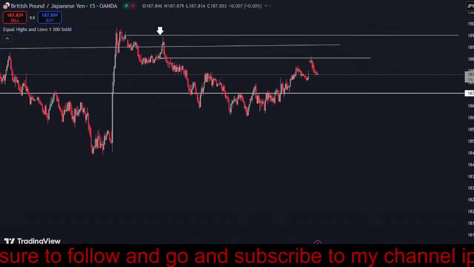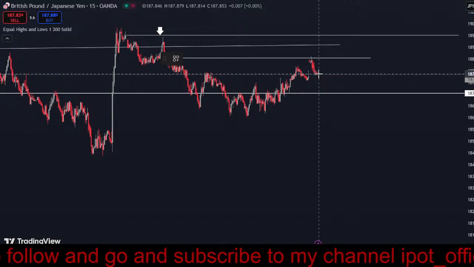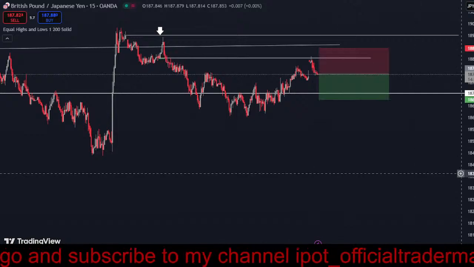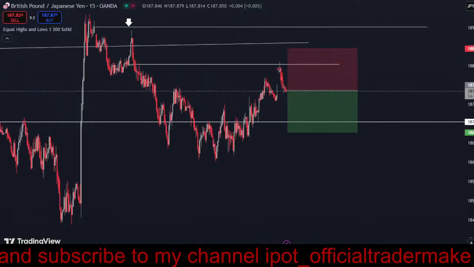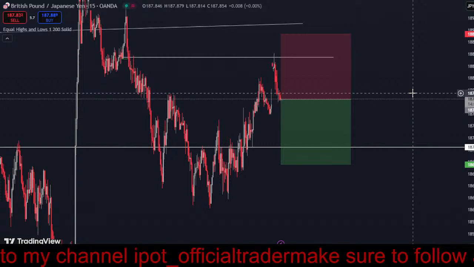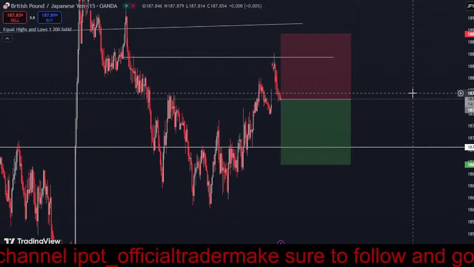So it means we currently just took the trade exactly right there, meaning that we are still in a loss as we speak. According to me, I'd say we're still in a loss.